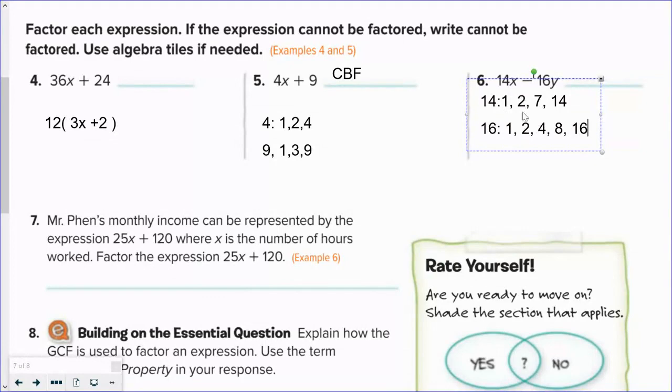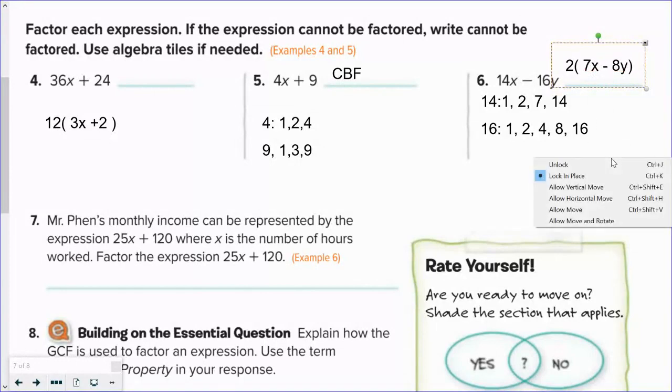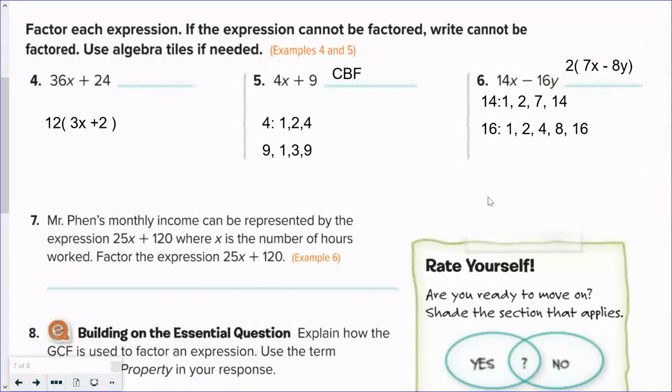Greatest common factor is a 2. So 2 is going to go outside our parentheses. 2 goes into 14 7 times. Keep our subtraction sign because I'm not factoring out a negative. And then turn this into an 8y. I couldn't take a variable out because both of these terms did not have the same variable.